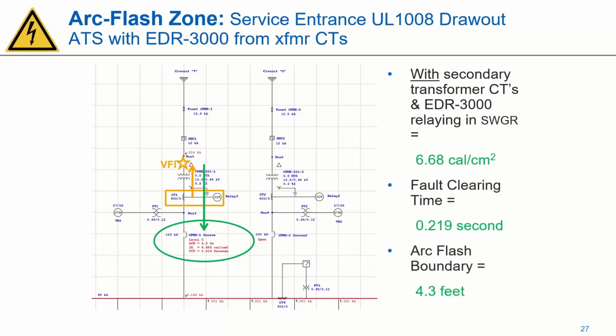So that shows that we dropped down to 7 calories per centimeter squared and drastically reduced that arc flash boundary down to 4.3 feet. And then the other thing to note is that clearing time, instead of being, I believe, like 1.6 seconds or so, is now 0.219 seconds. So drastically reduced clearing time overall. And again, this is not having to worry about that inrush. Since it's located on the secondary side of the coils, it's able to pick up that fault much quicker and send that trip command.